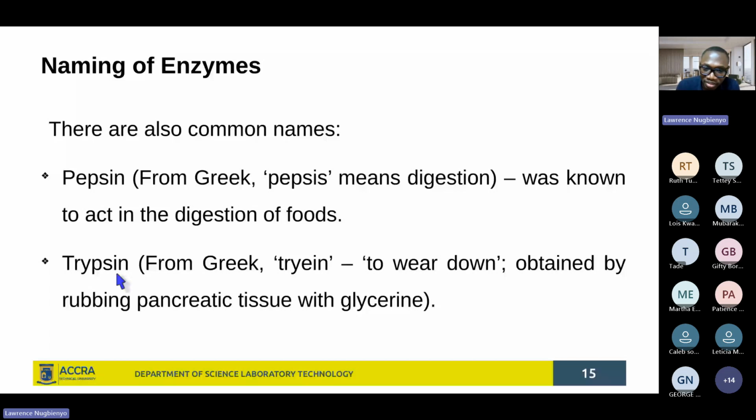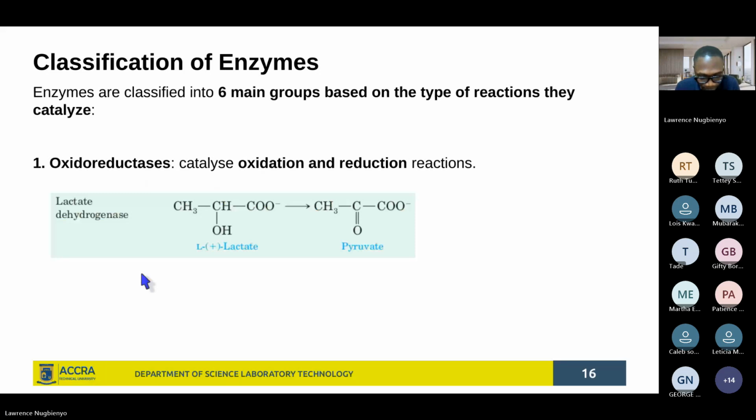Because it was like you are wearing off the protein from the tissue into glycerol, that process, in the Greek word for it, is trying to wear down. And so the name was given to it, trypsin. Okay, so those are common names.